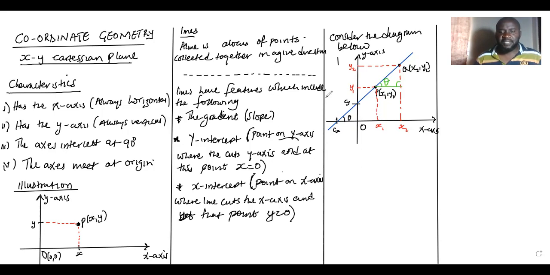So if that angle is theta, when you look at PQ, line PQ is equal to the change in Y. Then let me call this point R. Line PR is the change in X.